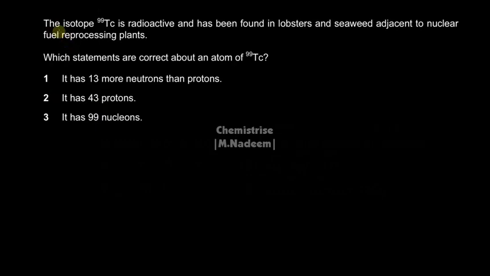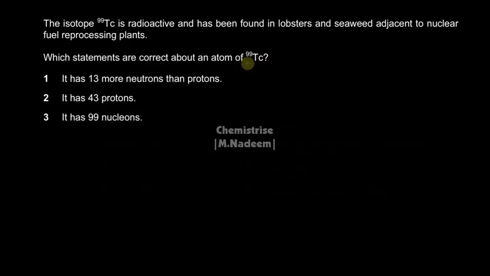In the next question, we have an isotope, technetium, which is radioactive and is found in lobsters and seaweed adjacent to nuclear fuel reprocessing plants. Which statement about this atom is correct? Technetium has 13 more neutrons than protons. First of all, we need to find the protons.